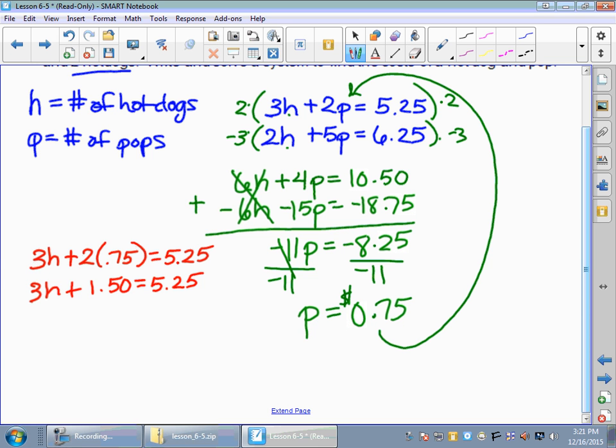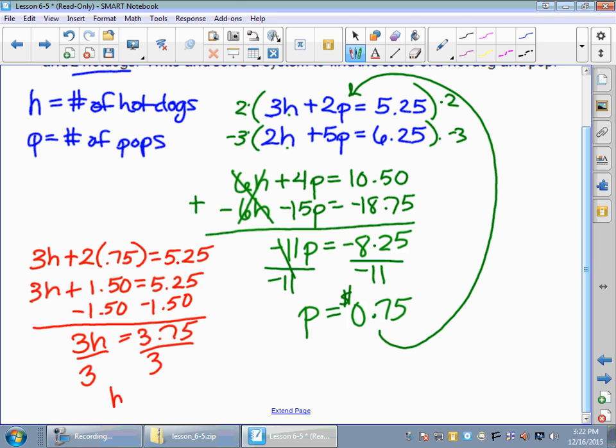We're going to subtract $1.50 from each side. That gives me 3H is equal to $3.75. When I divide both sides by 3, that tells me that the cost of a hot dog is $1.25. So each hot dog was $1.25. If you want to write that as an ordered pair, that's fine.